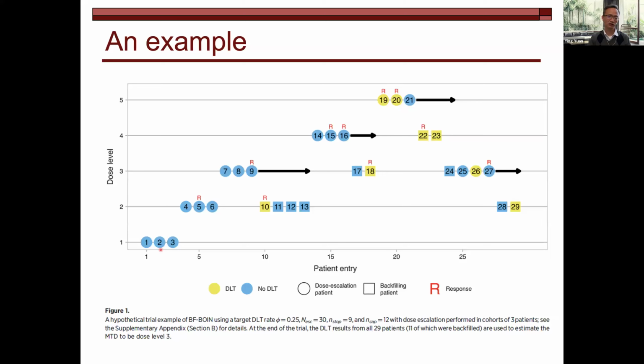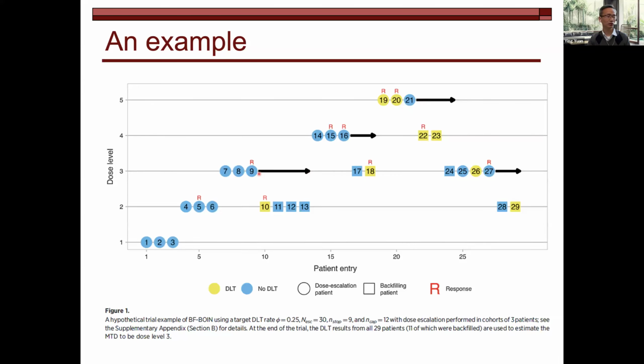Once those are in place, we can see the first cohort treated at dose level 1. None of them had a DLT, so we escalate to dose level 2. At dose level 2, for one of the patients, patient number 5, we observe a response. Then we escalate to dose level 3. At dose level 3, this marker means the DLT period.